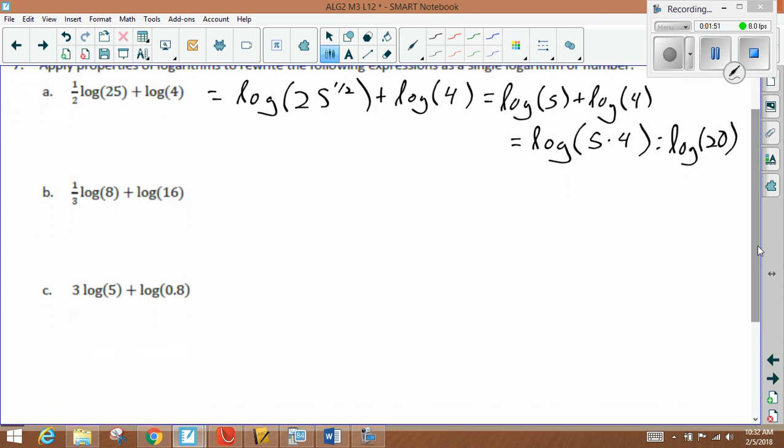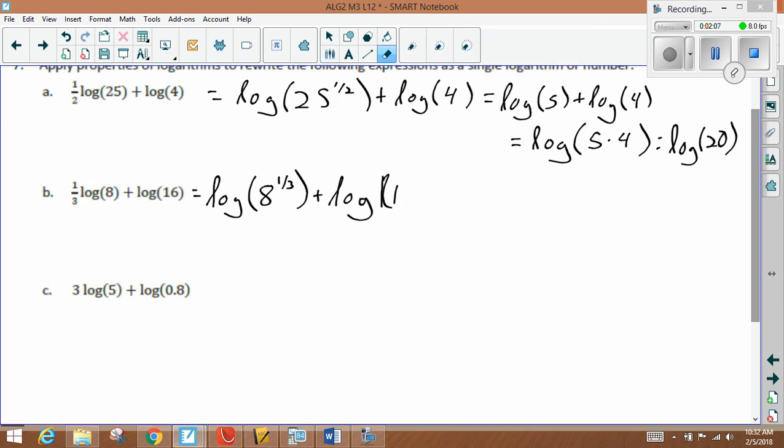Let's do another one. So again, I'm going to take that 1/3 and I'm going to put it inside my logarithm as an exponent. So that's going to be, what is 8 to the 1/3 power? 2.